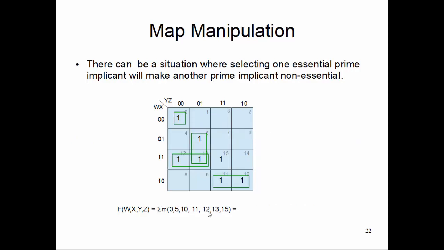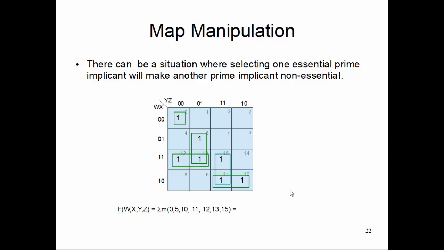Now, there can be a situation where selecting one essential prime implicant will make another prime implicant non-essential. Let's take this example, where we covered everything else with the maximal groups. Now we are trying to cover 15. We have two possibilities at this point. We can group 13, 15, or we can group 15, 11.